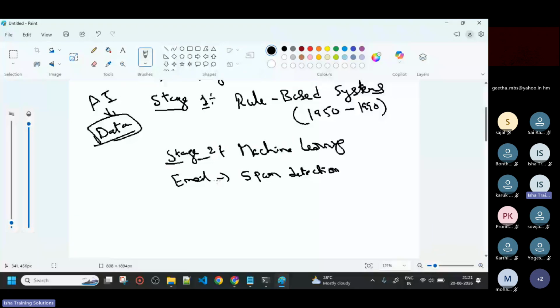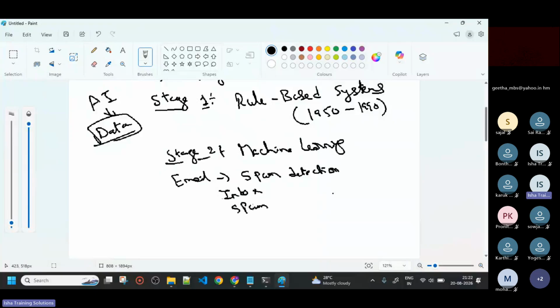Have you observed that after 2020 or 2021, when we receive any spam email, it moves directly into the spam box? Till then, when spam came, it would be in the inbox itself. Has anyone observed this? Inbox and spam box. Yes.